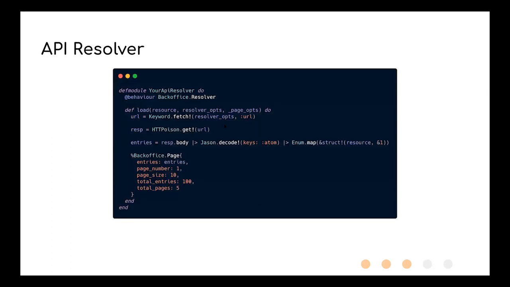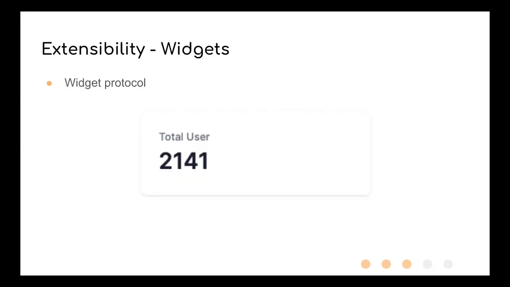All you need to do is implement the Backoffice.Resolver behaviour. And this is how you would just fetch an API, create a struct, and basically you need to return a page struct from Backoffice so that it knows how to render pagination and things like that for you. I think that concludes the API resolvers.